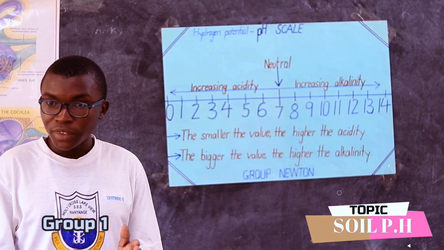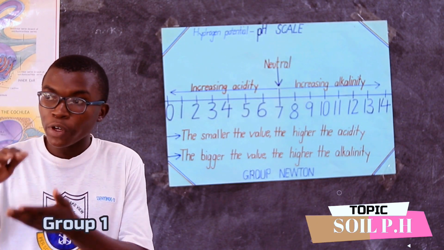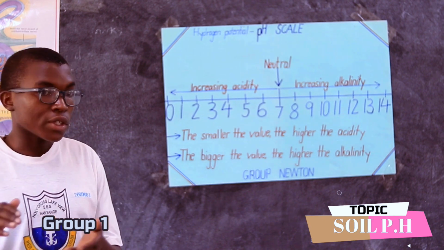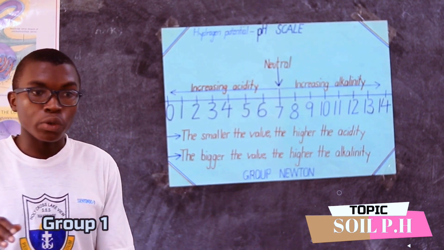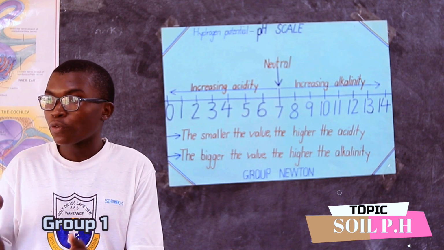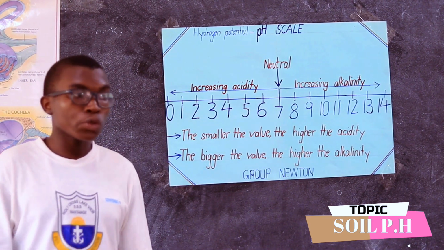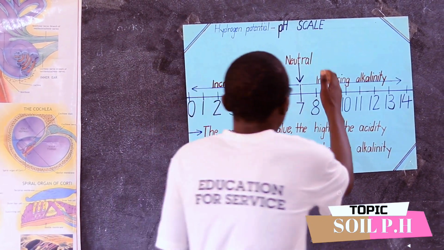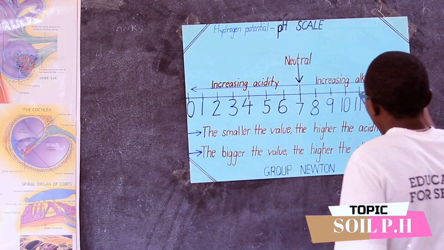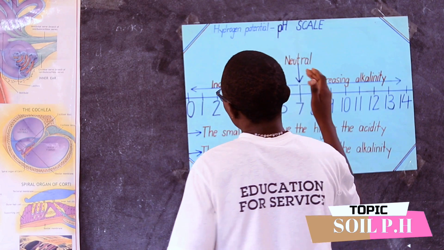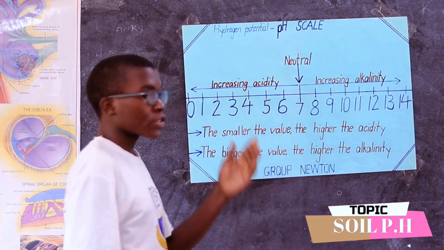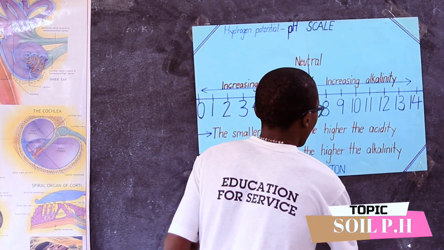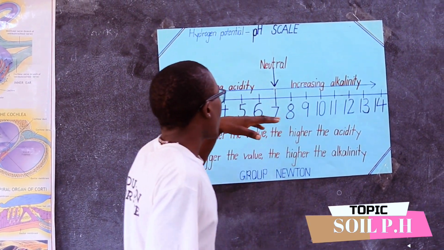If we have a low concentration of hydrogen ions, the solution is not very acidic. But if we come to the side of alkalinity, we mainly base on the presence of hydroxyl ions.